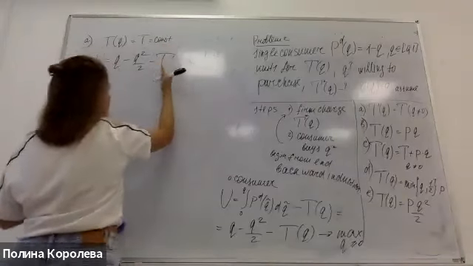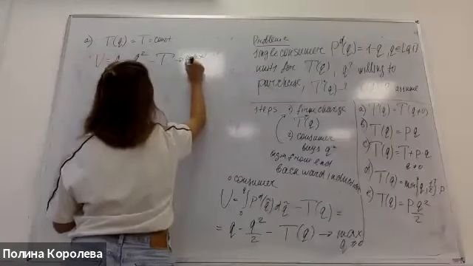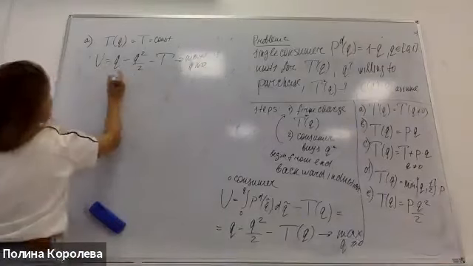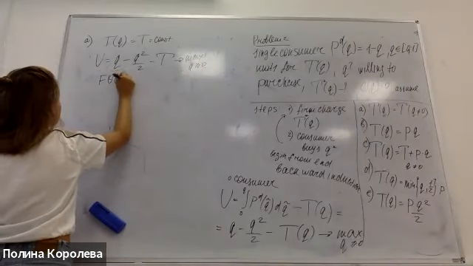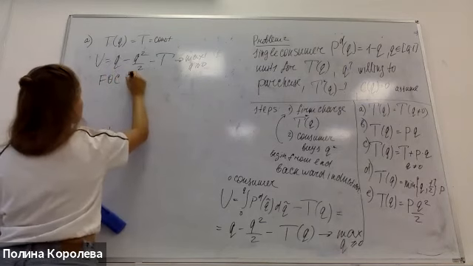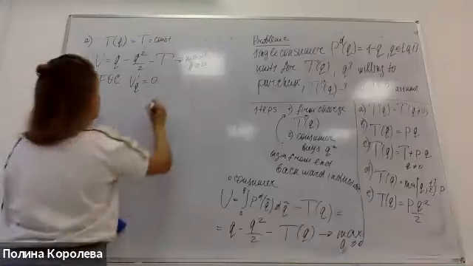The utility is Q minus Q squared divided by 2 minus t, where t is the constant fixed fee. We maximize by quantity greater or equal to 0. First order condition: the first derivative of utility should be equal to 0 for an interior solution.